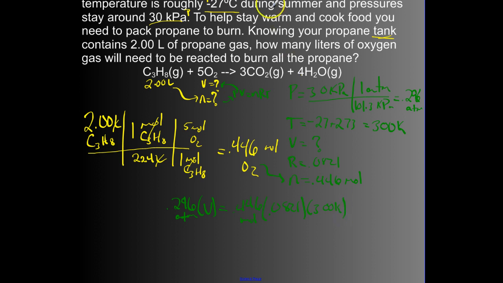Very simple to solve now. I can just divide each side by 0.296. That gets rid of this. Over on this side, I want to do the same. Divide by 0.296. And my volume, as we solve, is 37.1 liters of oxygen gas that will be consumed at that pressure and temperature. And that's how you use the ideal gas law to solve stoichiometry problems that are not at STP.